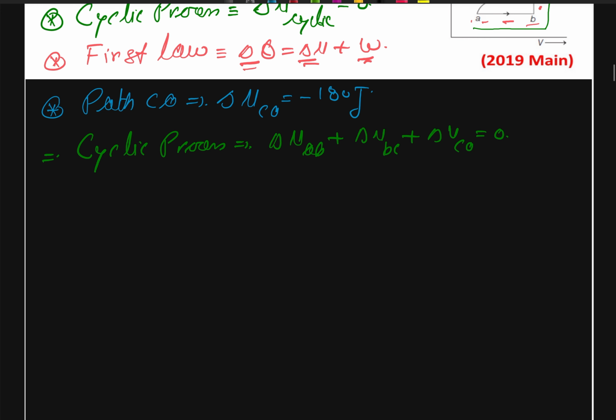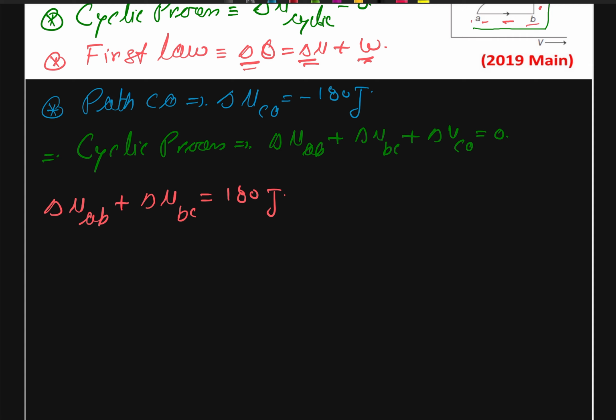And delta U CA is minus 180. Therefore, we can write that delta U AB plus delta U BC is equal to 180 joules.